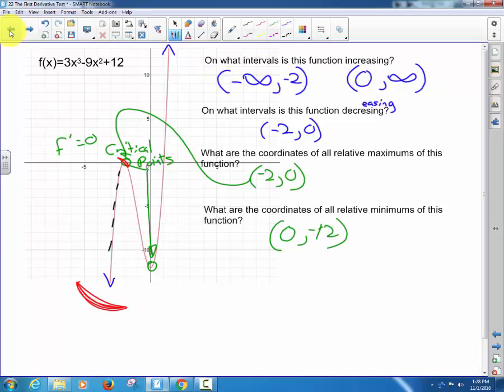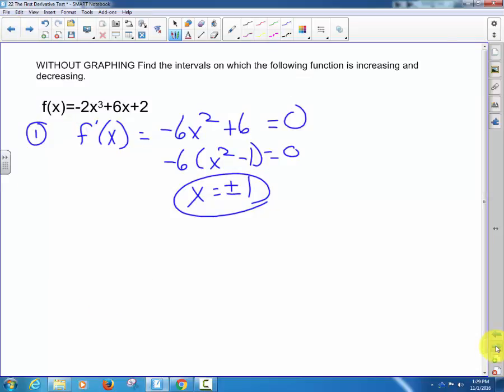Because all of these points in here, the slope is negative, right? Would you agree? What about all of these points over here? Slope on that's always positive. So what we need to do is figure out, is the slope positive or negative around these? And we're going to do that by doing a sign line. Remember that thing we did yesterday?